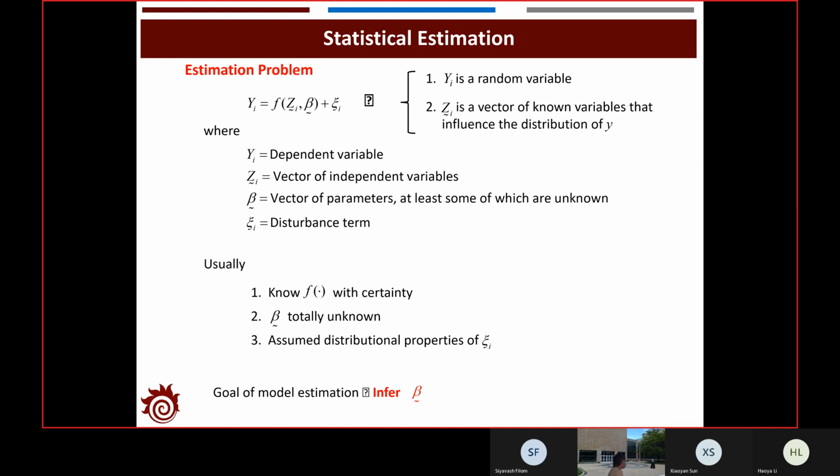And we want to use the z value and calibrate the beta value to estimate what's the value of y in the population. For this specific problem, say that you are provided with the population, the income level, number of the cars, you will be able to estimate how many of the trips you're going to generate every day. So that's the basic idea about the statistical estimation.